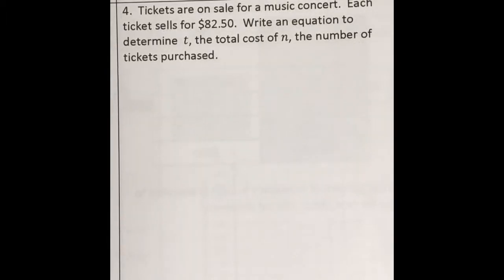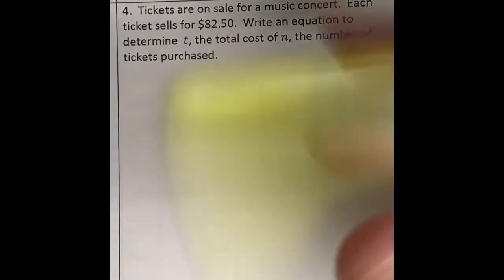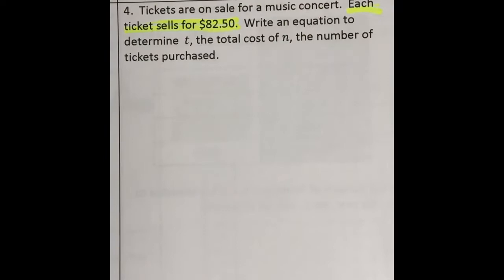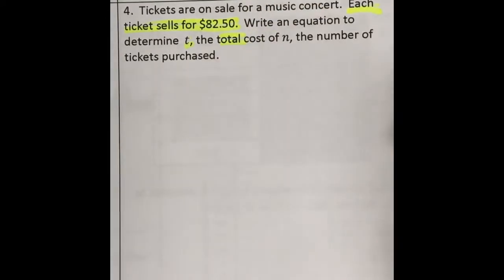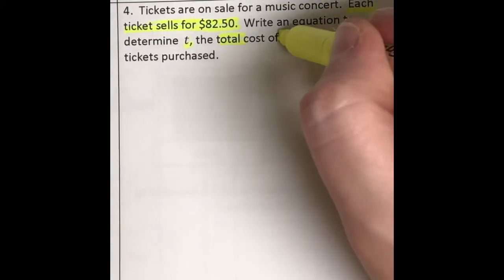Okay, here's another one. This is a word problem asking you to find the equation. It says, tickets are on sale for a music concert. Each, there's that clue word, each ticket sells for $82.50. So write an equation, determine T, and T stands for my total, and N stands for the number of tickets.